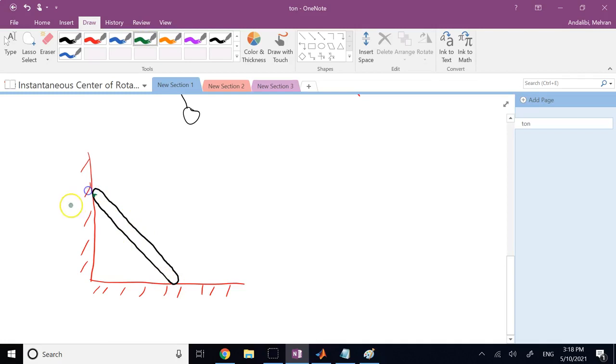This point is going to slide down, and this point is going to slide to the right until it completely falls and becomes horizontal. Now, where is the center of rotation for this object? I'll show you in a minute that the instantaneous center for this object is actually here.